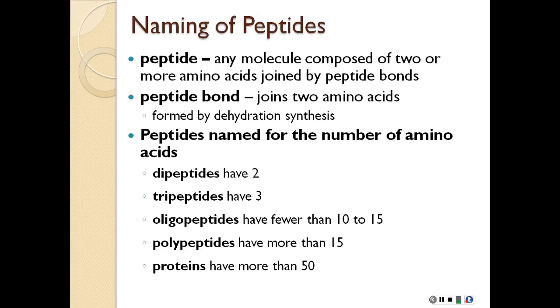And just some terminology here. If you hear the word peptide, that refers to any molecule composed of 2 or more amino acids. So you can have dipeptide, tripeptide, oligopeptides, polypeptides. If it's called a protein, it has more than 50 amino acids, sometimes up to hundreds of amino acids.